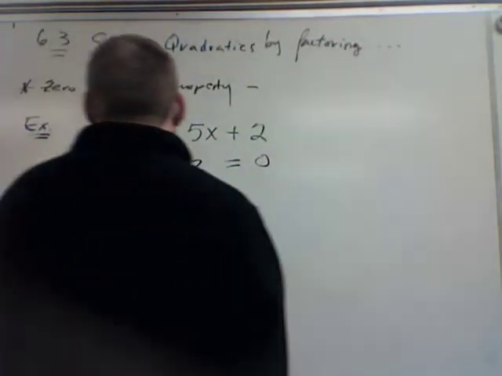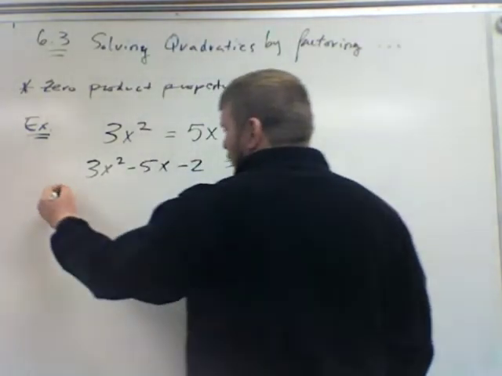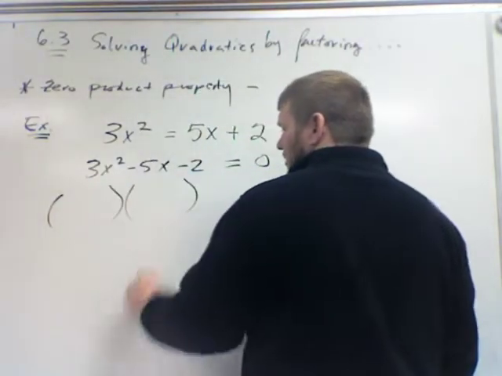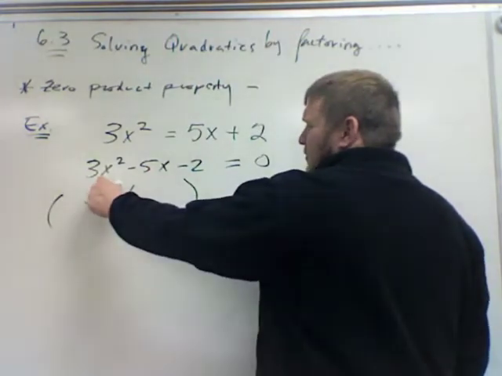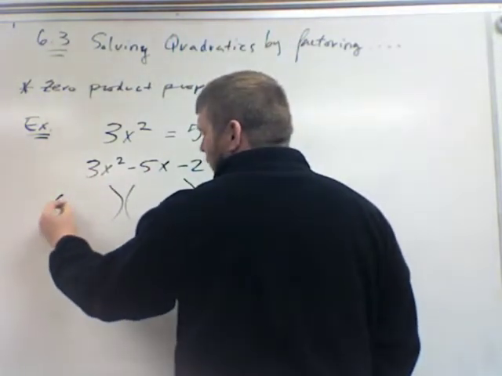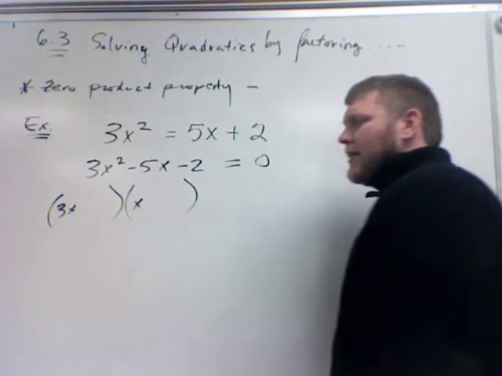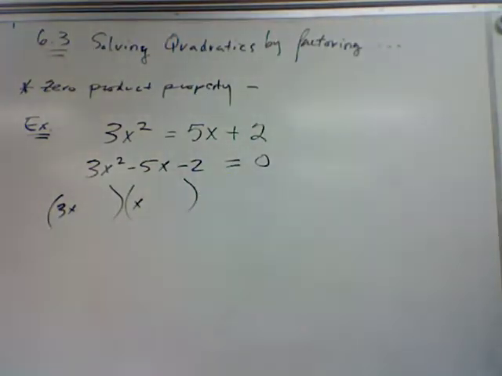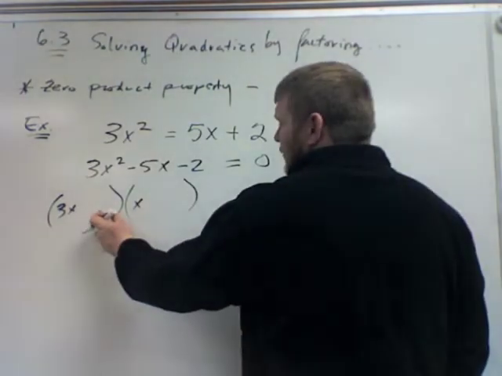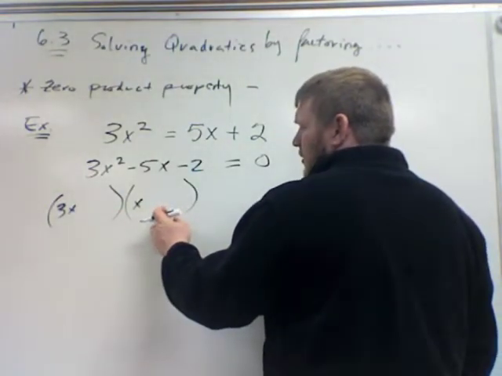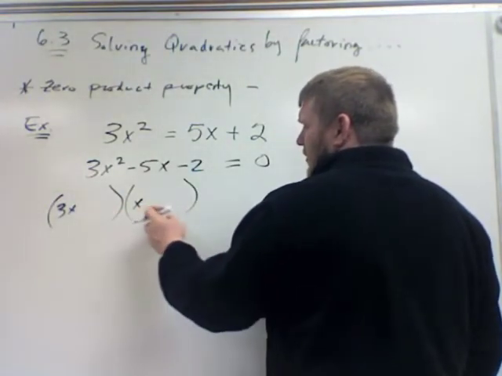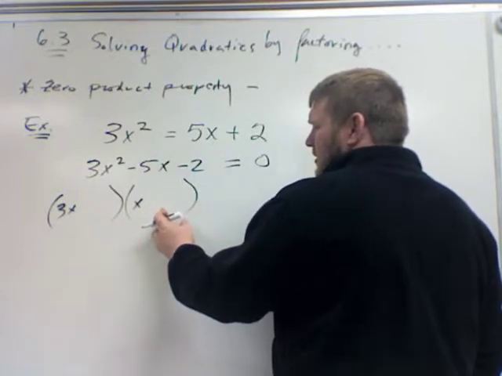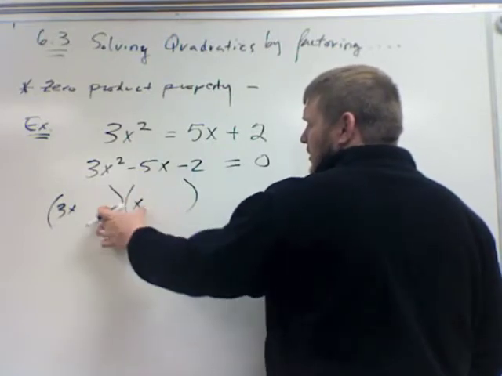Well, it's a trinomial. Let's see if it will factor into two binomial factors. Since 3 is prime, the only way I can split that term up would be 3x and x. 2 is also prime, so I only have a choice of positive 1 and negative 2, or negative 1 and positive 2, in some particular order.